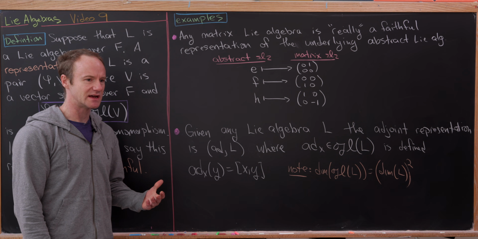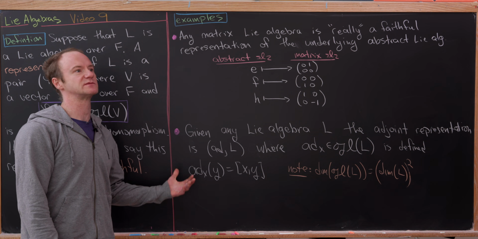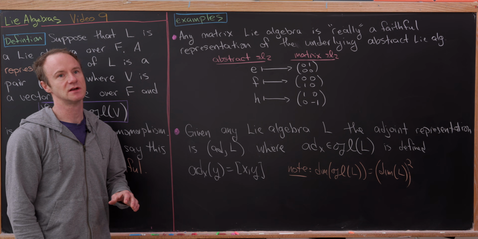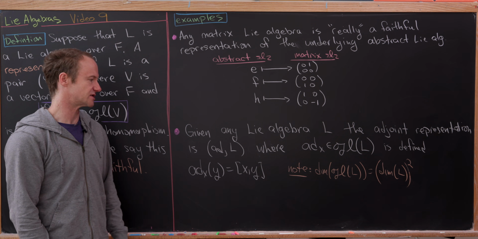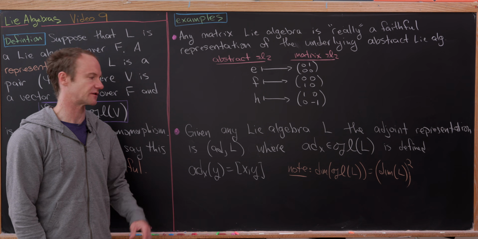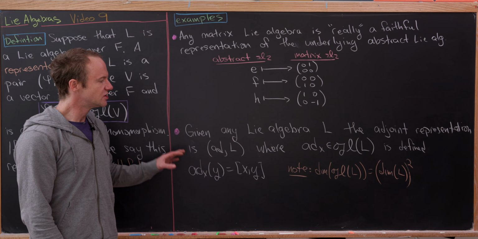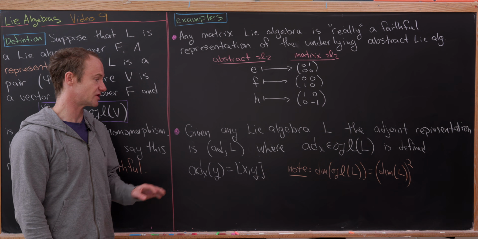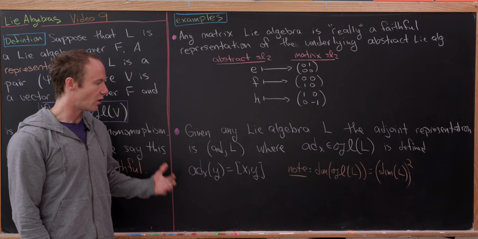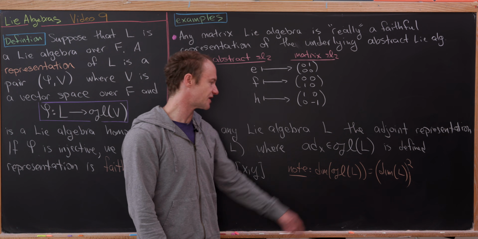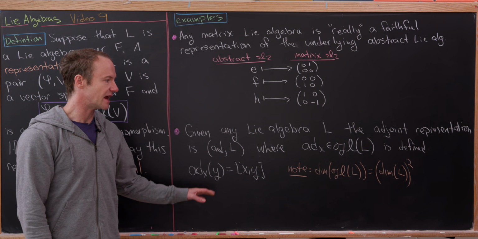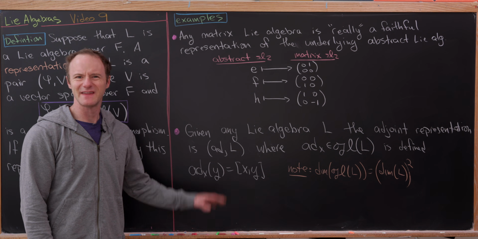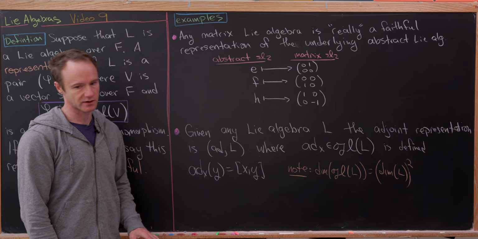Even though we did those theorems before looking at representations, often those are saved until after you look at representations of Lie algebras and use the structure of a representation. In some ways, this is a more complicated representation than you might want, because the dimension of GL(L) is the dimension of L squared. That's just a standard result from linear algebra.